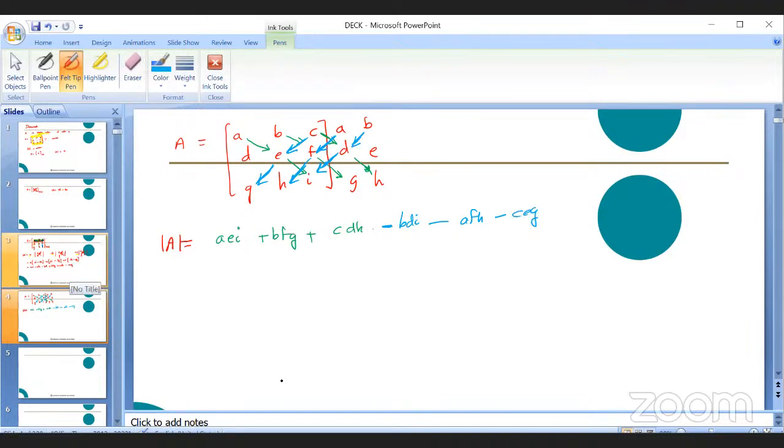This is how you can multiply and find the determinant. So this is another easy method to find the determinant. When you practice fast, you can learn this method of finding the determinant.